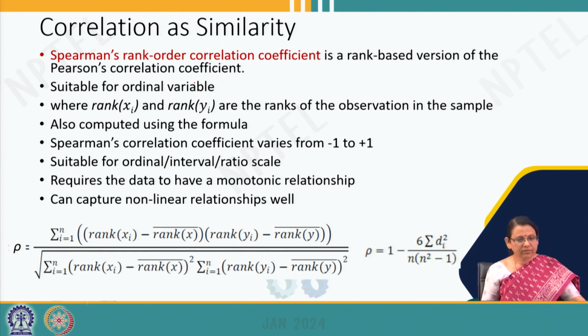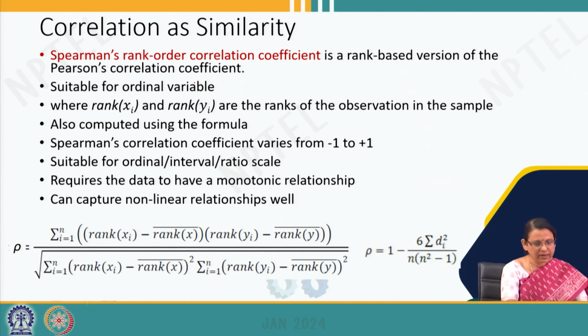If the variable is not in terms of rank, then you first have to convert it into rank. Once you rank the variables, you take the rank of xi, the individual data point, minus the average rank, for both the variables, where x is one observation and y is another.